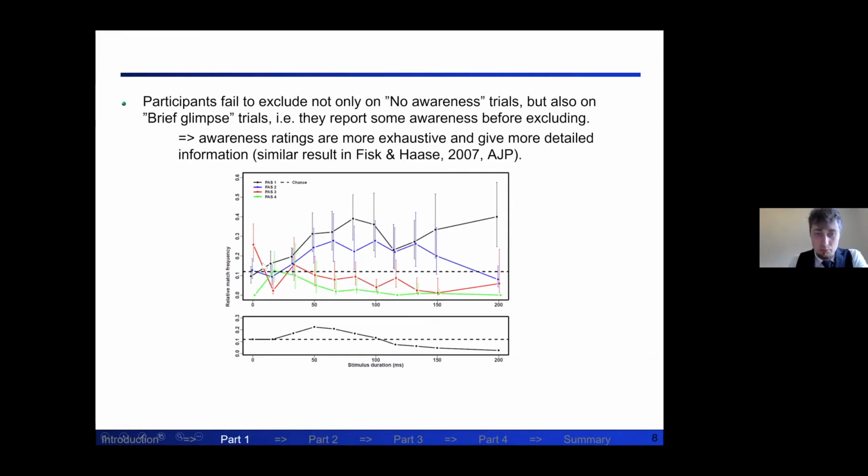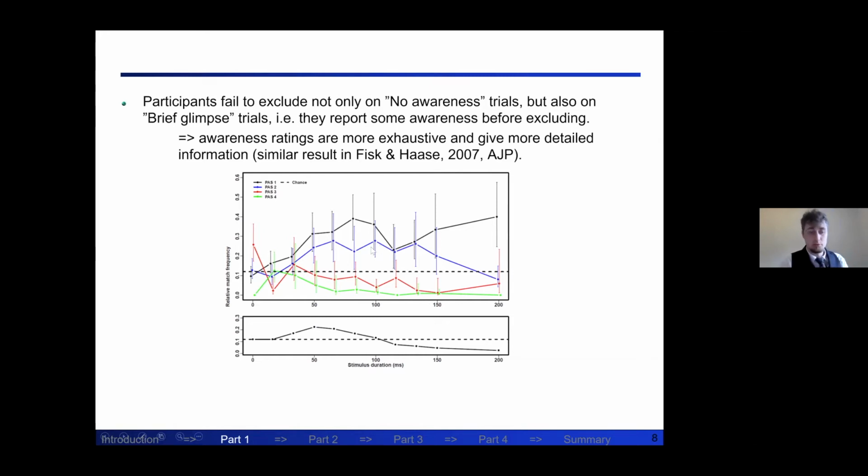But when people report no experience, that's where you have most of this unconscious priming effect or failure to exclude. But you also have it when people claim to have just a weak experience of the stimulus.